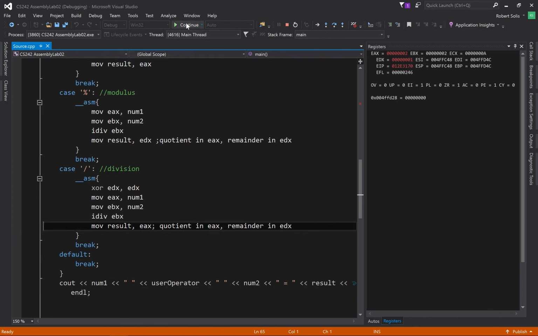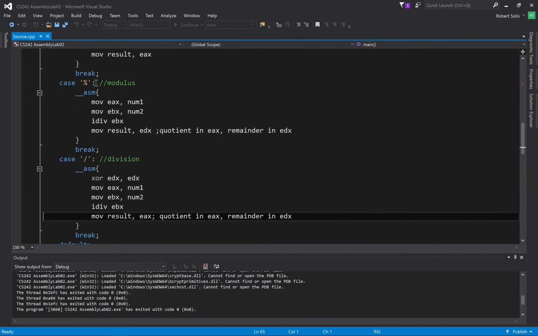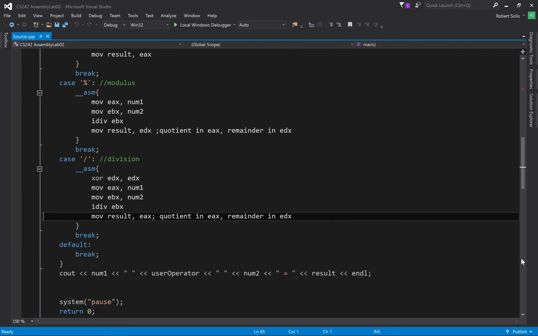So when I continue, what is 5 divided by 2? Integer, well, it's 2. And of course, I think you've already been able to surmise that IDIV is an integer division. That's why we want to know what the remainder is, right? So we have the quotient over here in EAX. We have the remainder here in EDX.